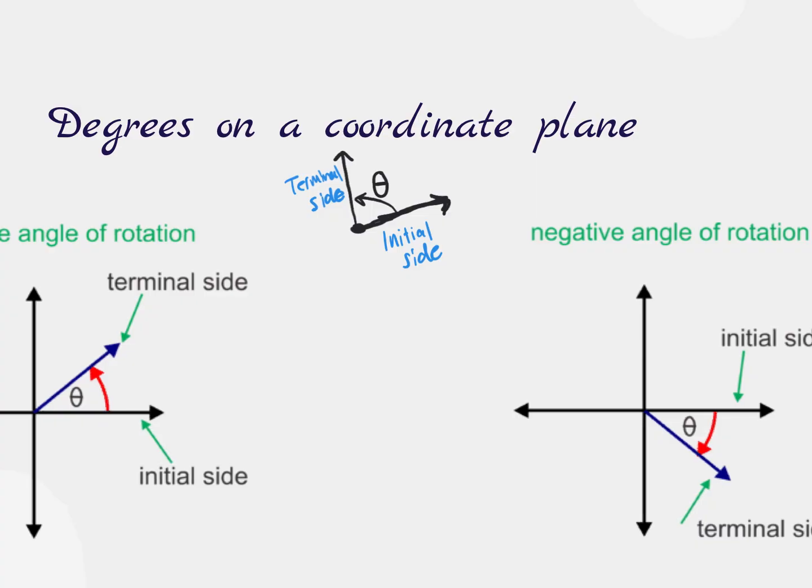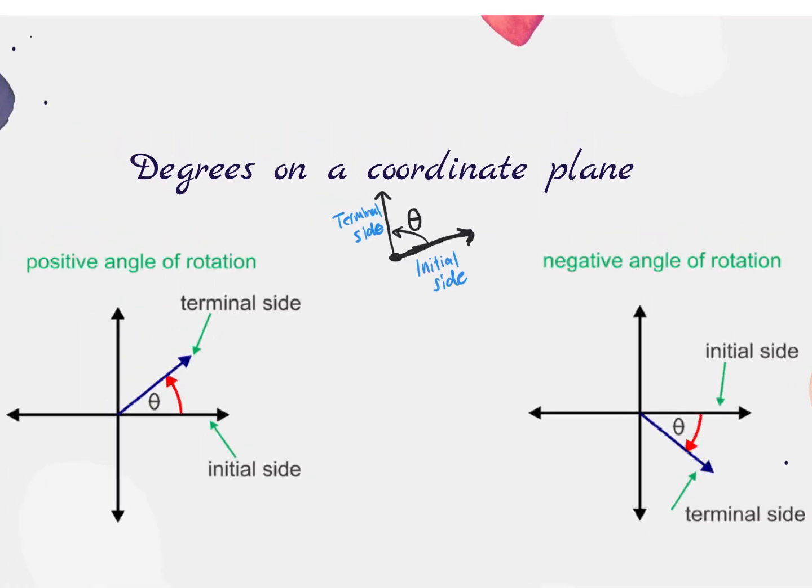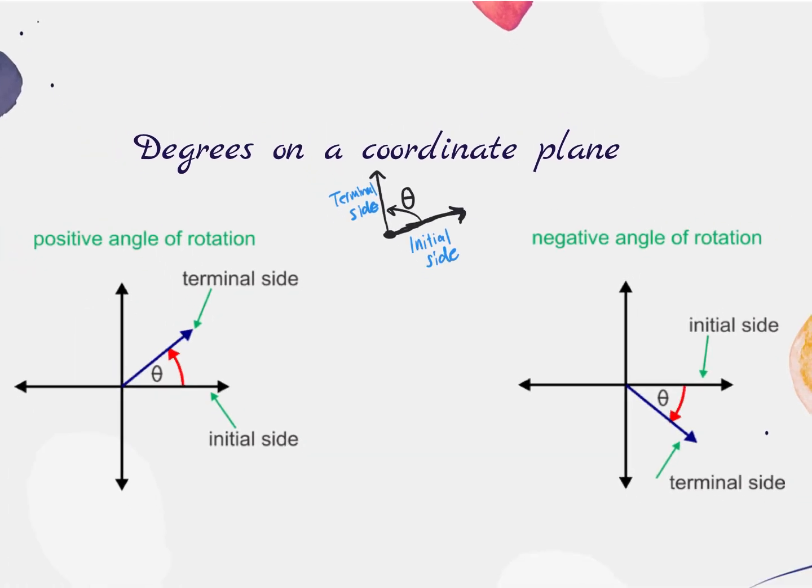That shows up in these little images that I'm showing you. The difference between what I drew and what's in the images is that the angles pictured in these graphs are specifically in a coordinate plane, whereas what I showed you is just any angle in space.